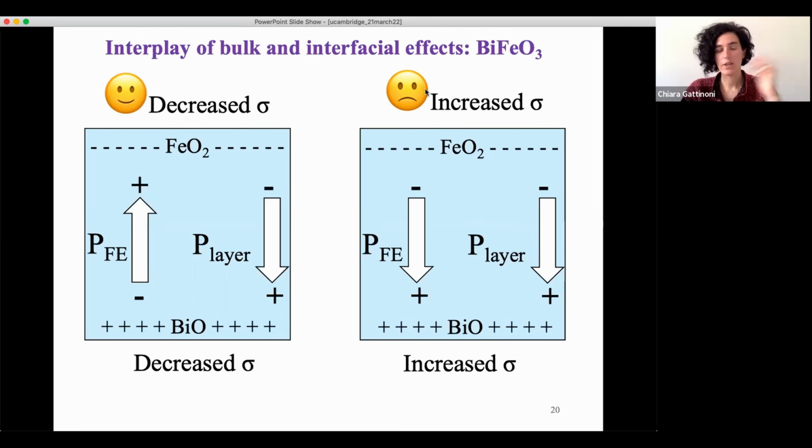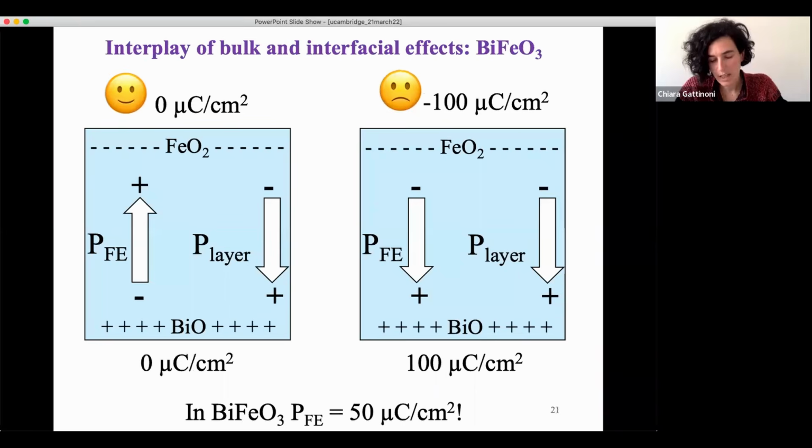And we gave this the technical name of happy and unhappy systems, because if you remove some of the surface charge, you're removing some of this sort of strain on the surface energy, and the system is happier, I suppose. And the funny thing about bismuth ferrite is that these 2 components of the polarization have exactly the same magnitude. So when they are in the opposite direction, the system is really, really happy. The surface charge is 0.